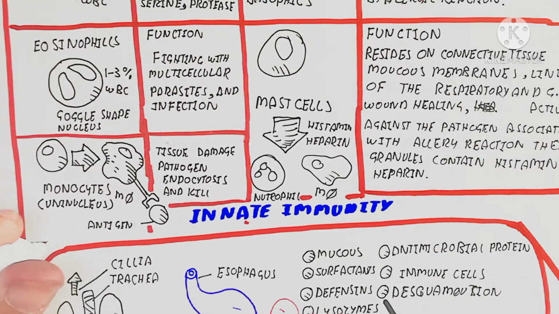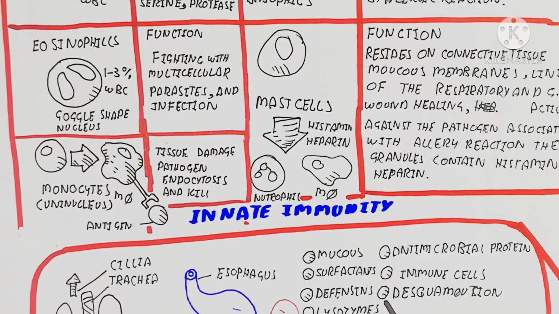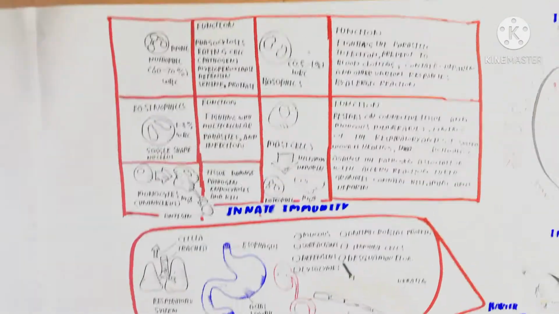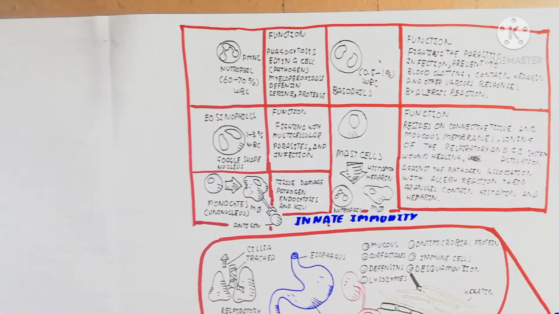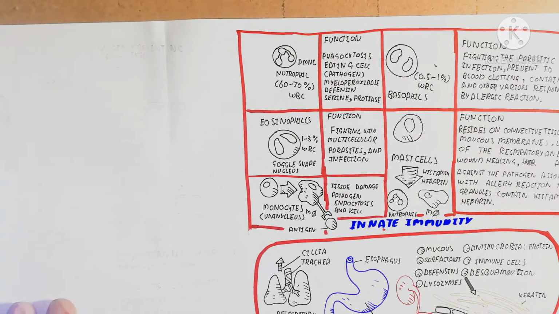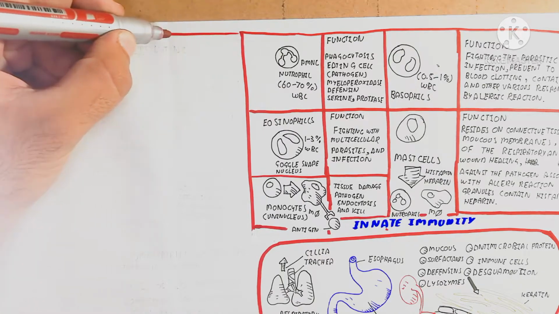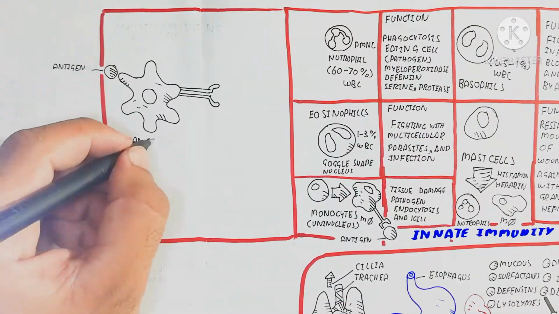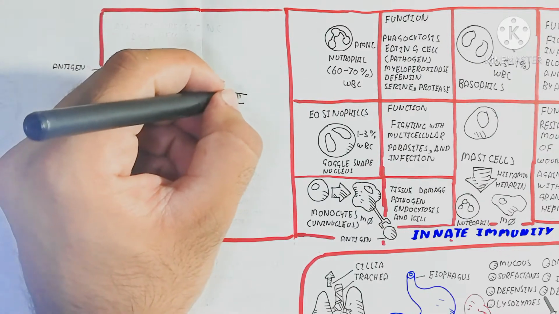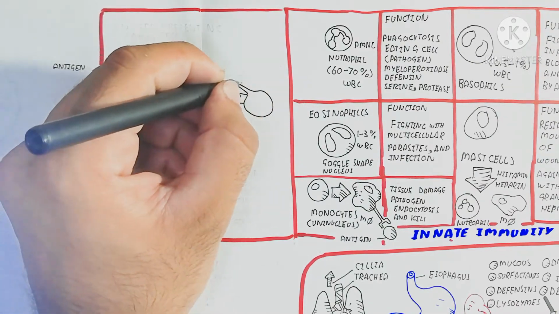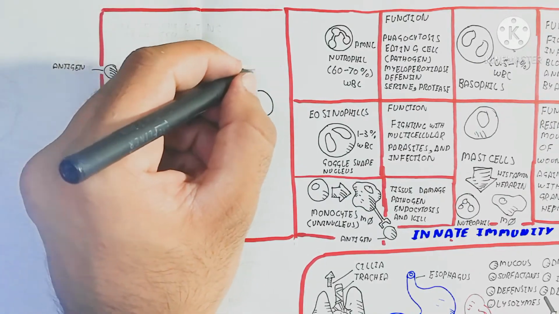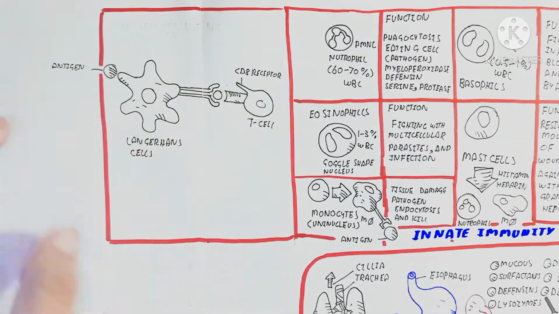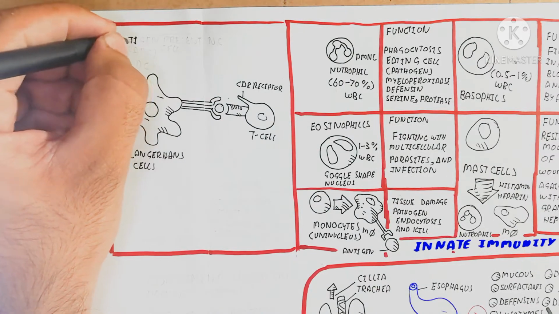Here we will also discuss the dendritic cell. The dendritic cell is also part of innate immunity, and it is an antigen presenting cell. When the pathogen comes into the human body, the pathogen is opsonized, and the B cell will produce antibodies, which we will discuss next.